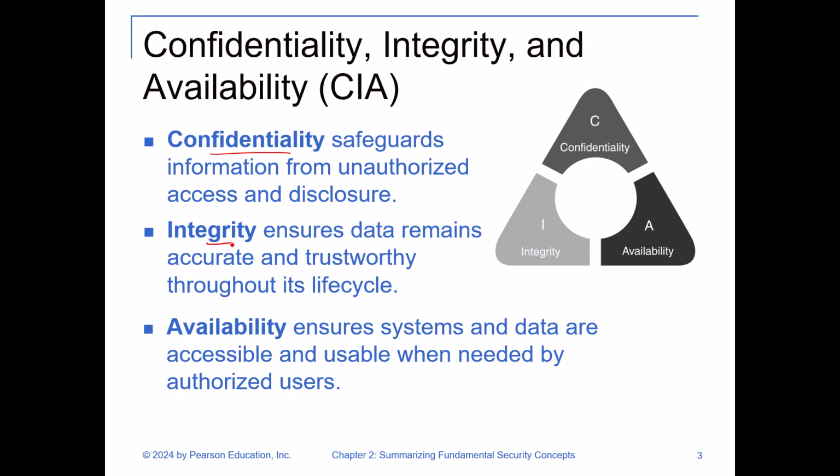That is the integrity, and we normally do this through hashing. Confidentiality through encryption. And availability ensures that system and data are accessible whenever those that are authorized to access it have the ability to access it. So availability is ensuring that whatever system or data is needed is always available to those that are authorized to use it.